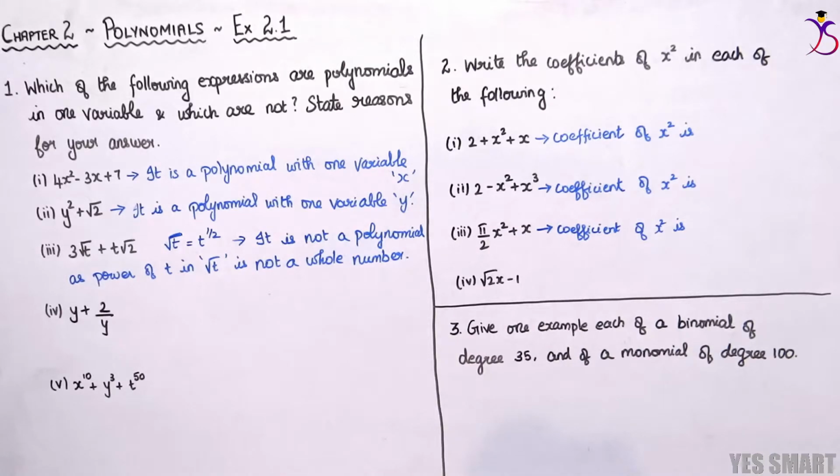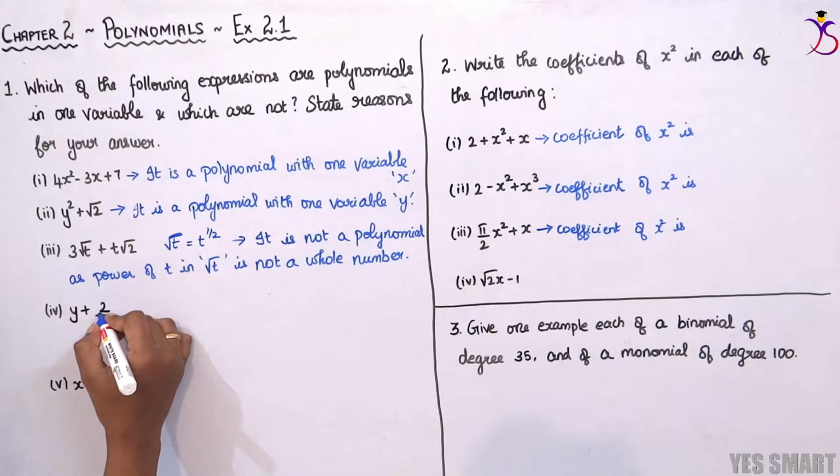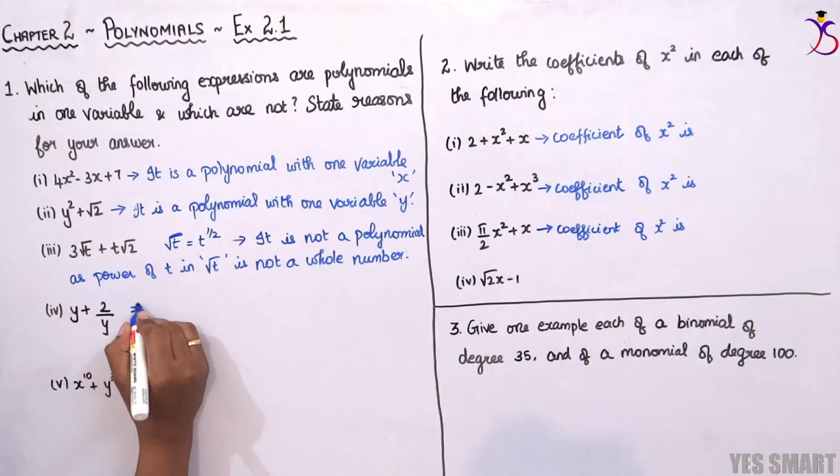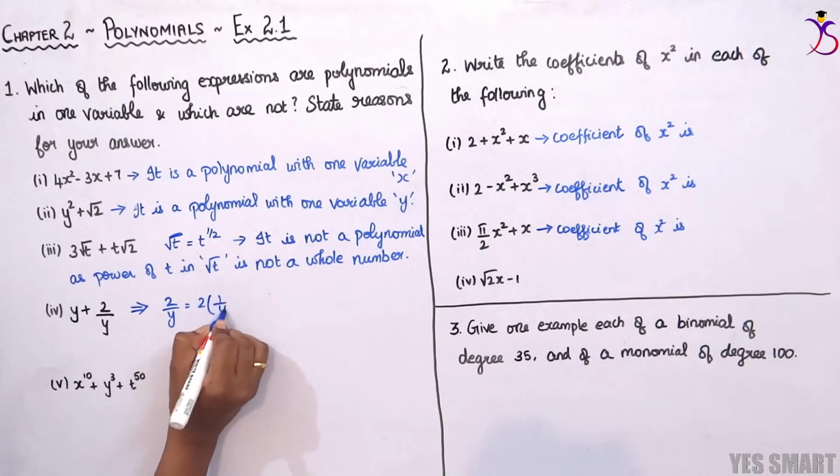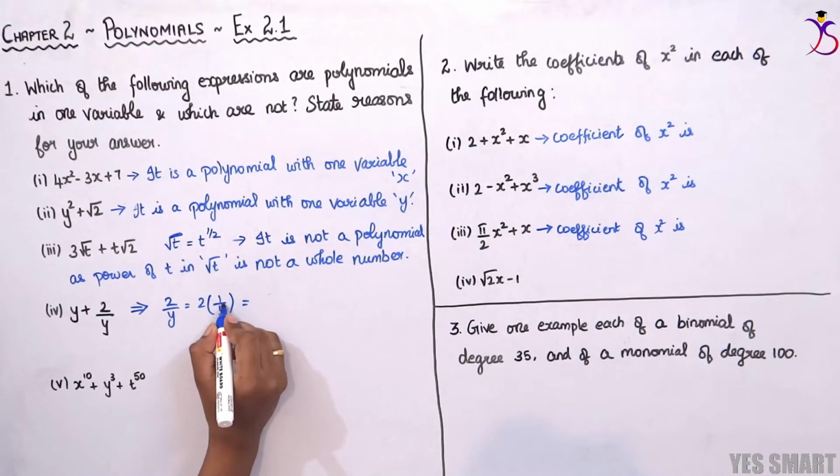Moving on to the fourth subdivision, the first term is y power 1, which is acceptable. In the second term, we have 2 by y. When you find the power of y which is in the denominator, we will have a negative power. That is, 2 by y is 2 into 1 by y. We have y in the denominator, that is y power 1.